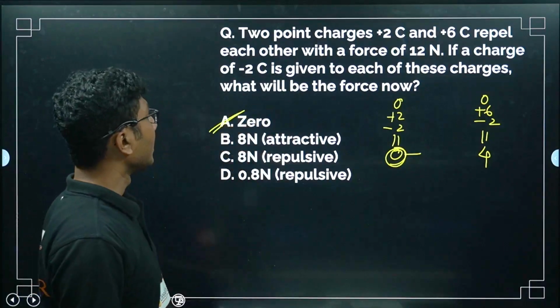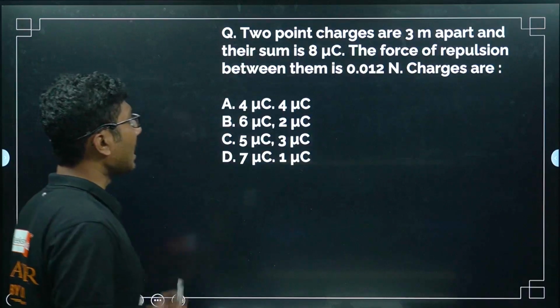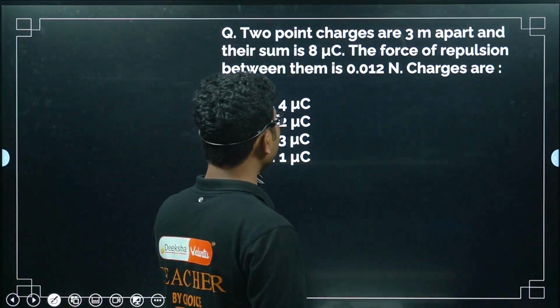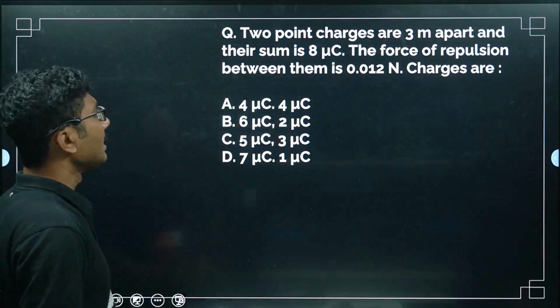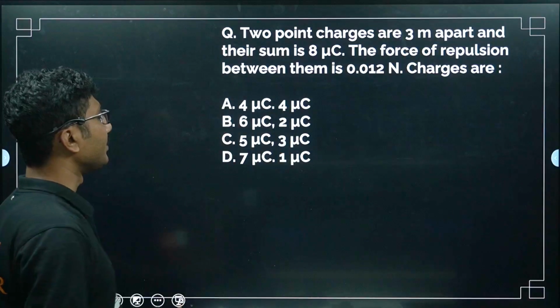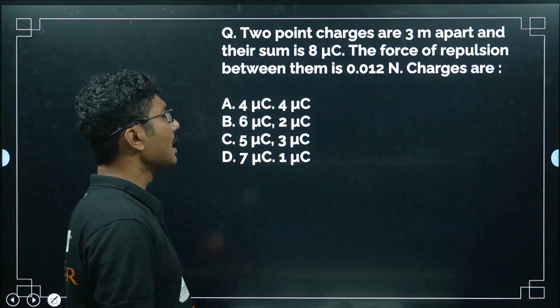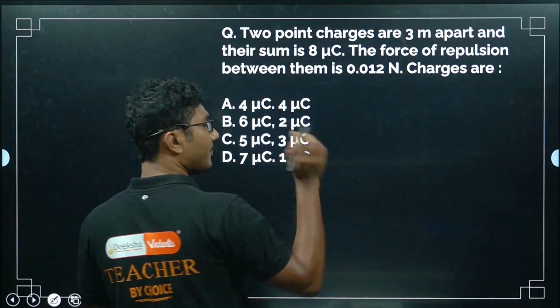Remember that. Next, two point charges are 3 meter apart and their sum is 8 microcoulomb. If the force of repulsion between them is 0.12 Newton, find the charges. This is a very simple problem.